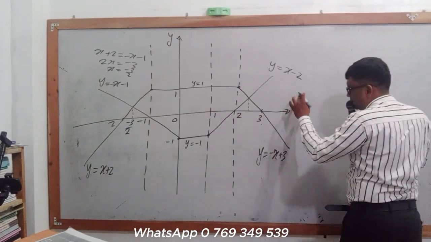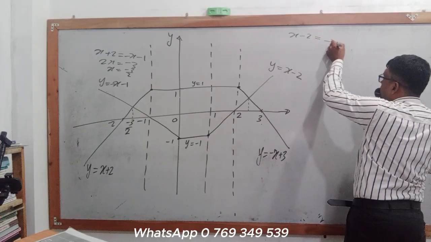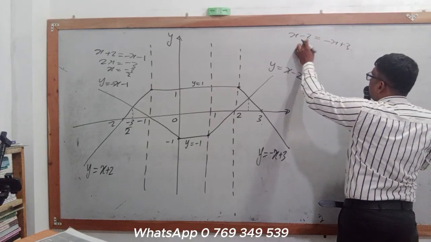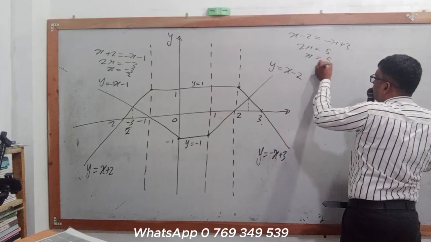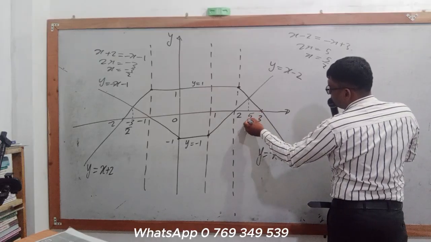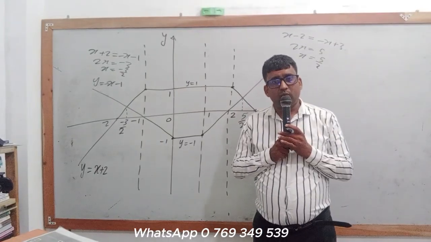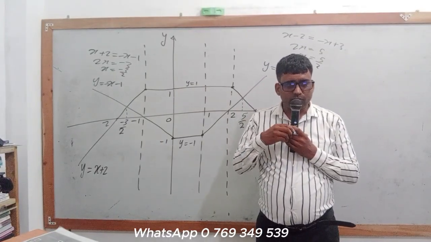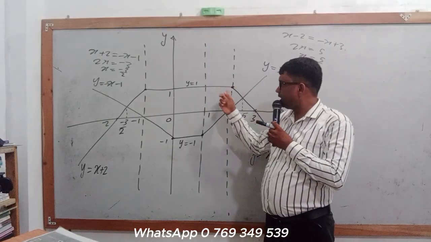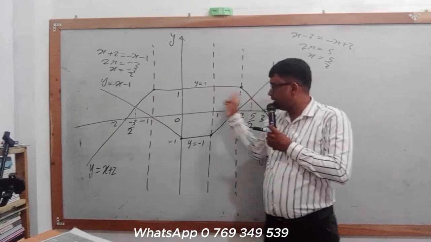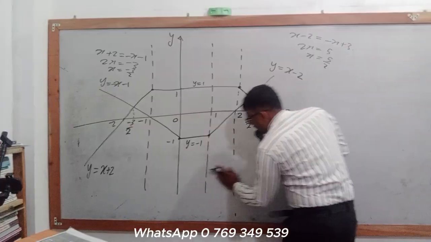And for this one, x minus 2 equals minus x plus 3. 2x equals 5, x equals 5 over 2. This one is 5 over 2. Very simple. Now we have to find where f(x) is greater than g(x). f(x) is this one, greater than this line, from here to here. We have to find the range.